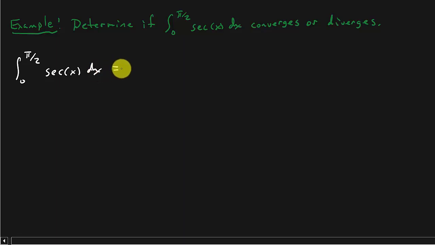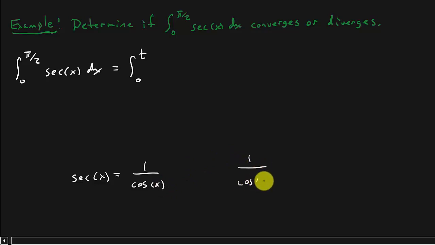This is going to be the integral 0 to t. Let's think about this. Remember, secant x is equal to 1 over cosine x. Now, 1 over cosine 0 is 1 over 1. We're good there.